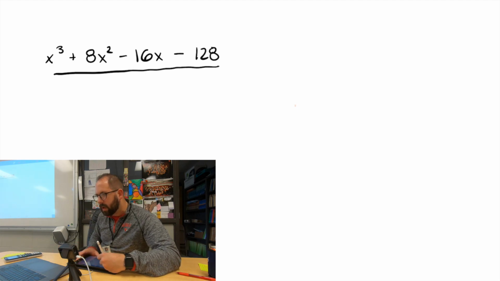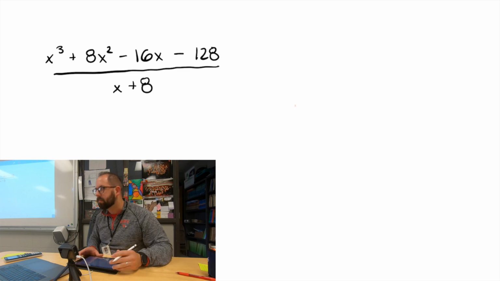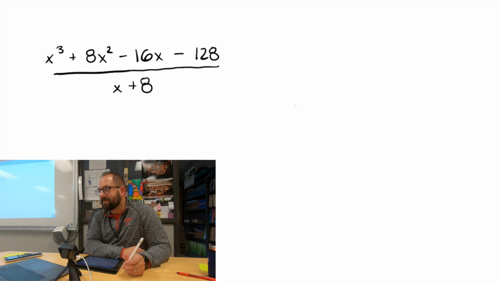And let's pick a smaller number, let's go x plus 8. I think the answer should end up being like 2x plus 4 or something like that. I think I know it's 2x something.